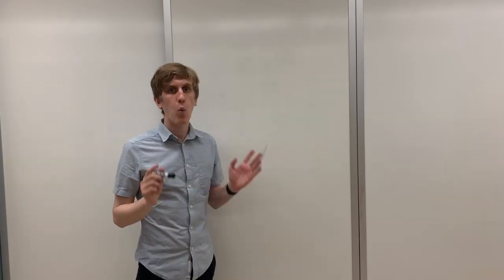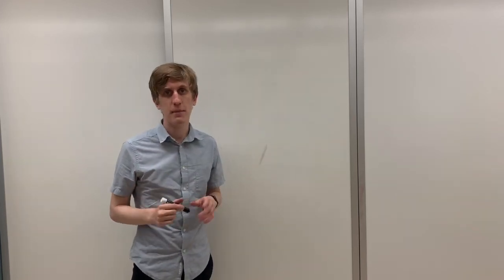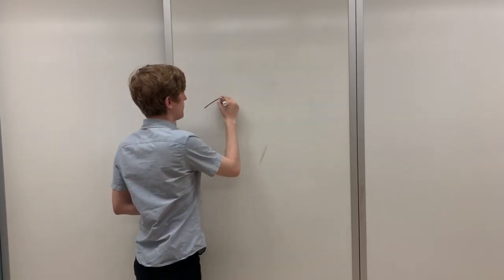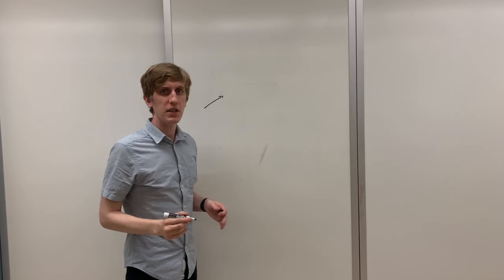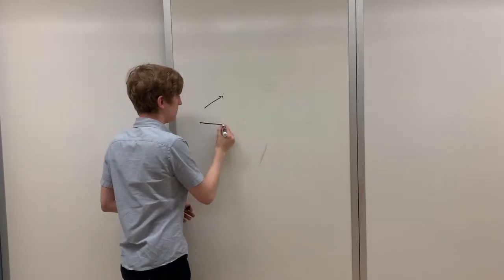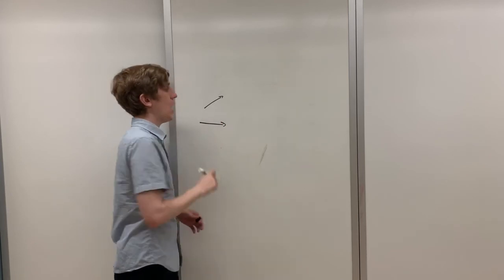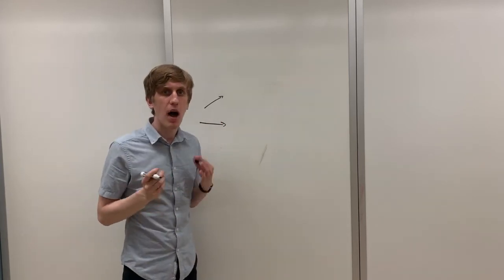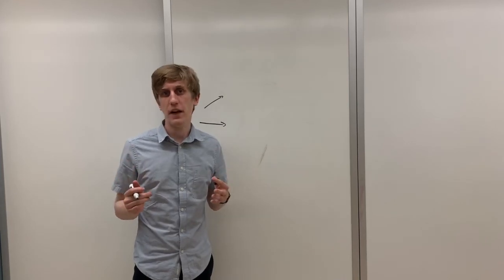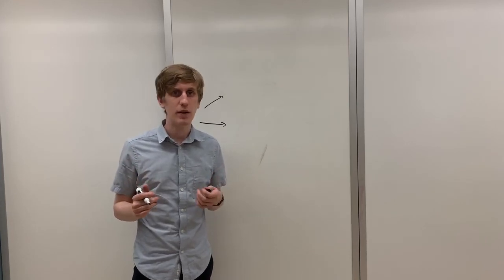What if you have one object whose momentum can be represented by this vector, and one object whose momentum can be represented by this vector? What is the total momentum of the system in this case? We can use the same graphical vector techniques that we learned in the previous DL.